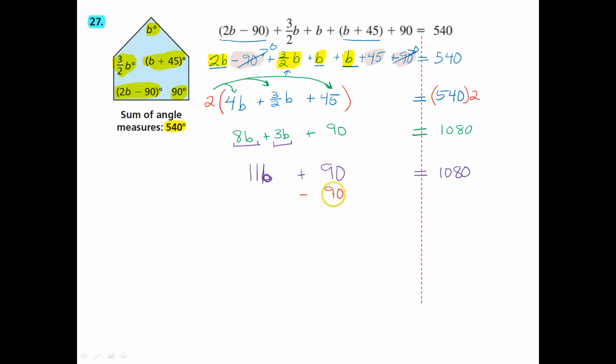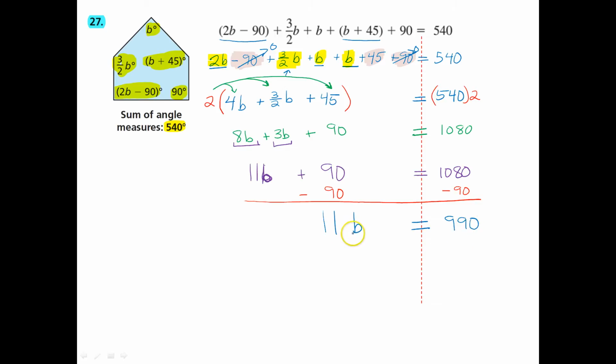So I'm going to subtract 90 from the left side, but that means that I also have to subtract 90 from the right side because of the subtraction property of equality. So now we have on the left side 11b equals, on the right side, that's 990.